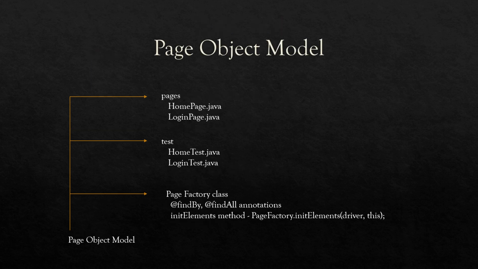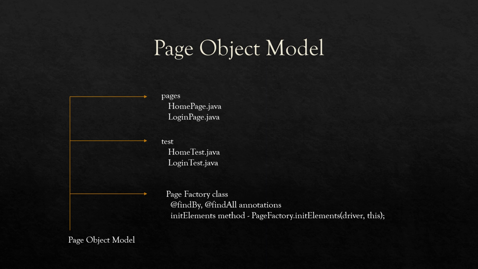Further, you can explain the page handling using the page object model. Selenium provides a PageFactory class to implement the page object model. It provides annotations like FindBy and FindAll that we use to define the page elements, and the initElements method. The main purpose of the page object model is the segregation of page elements and test cases.